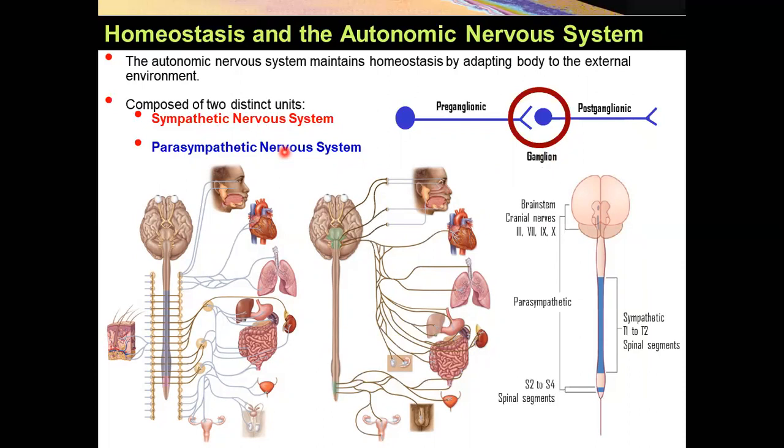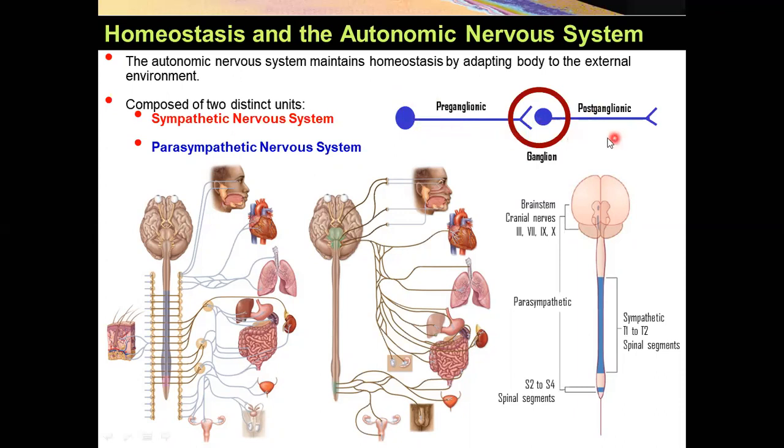An autonomic nerve pathway involves two nerve cells. One is here, we're going to call this pre-ganglionic. The other one is here, we're going to call this post-ganglionic. So an autonomic nerve pathway, again, involves two nerve cells.